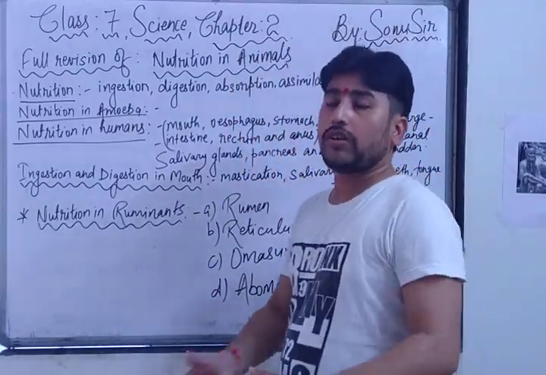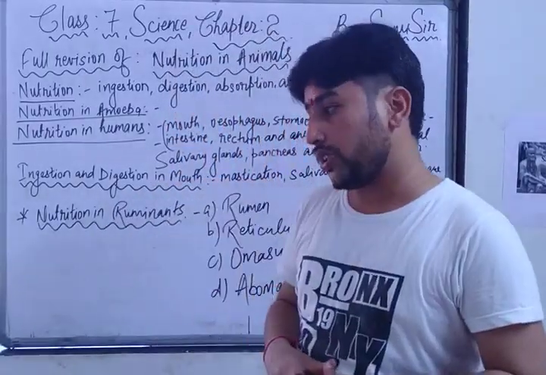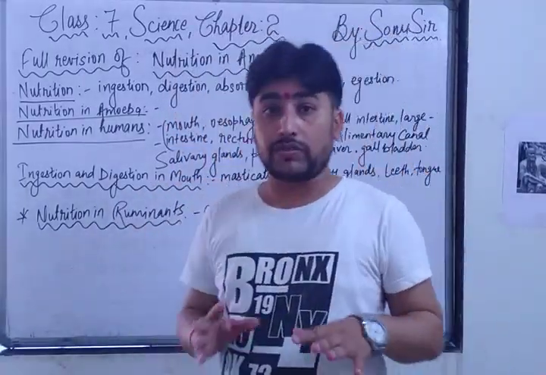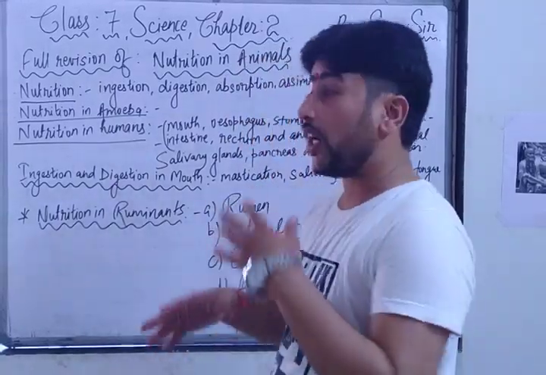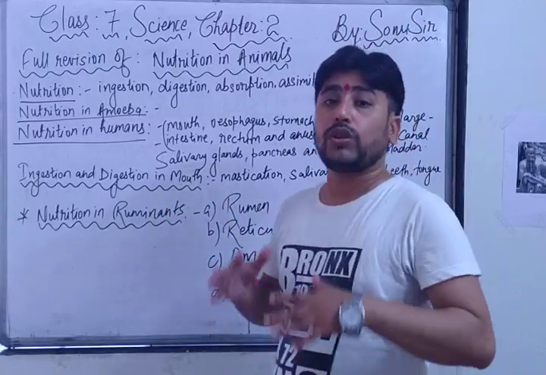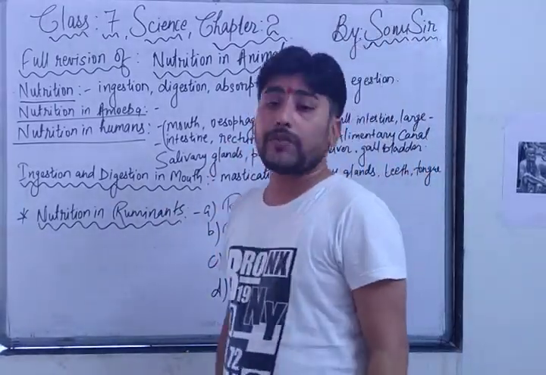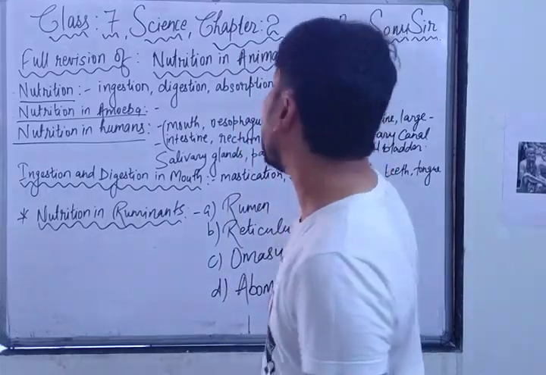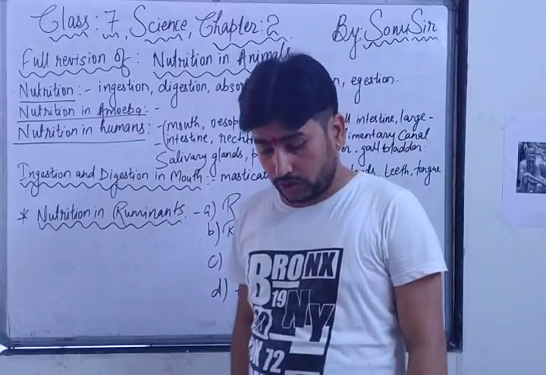And egestion: the waste material present after taking the nutrition, because not every part of the food is nutrition, some parts are waste material. This waste material should not remain in our body, it must go out. So the process of removing waste material from our body is called egestion. So these were the 5 steps of nutrition.